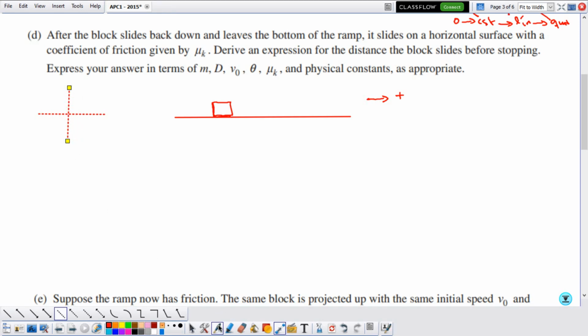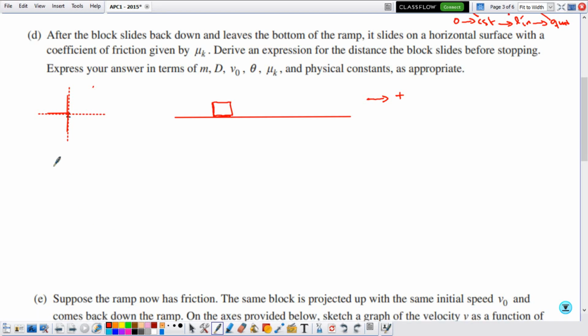Now what are the forces acting on the block? We have the pull of gravity down, being balanced by the normal push up. And we have the friction acting opposite to the direction of motion. Let me say this is Ff, the force of friction. This is the pull of gravity. That's the normal push.